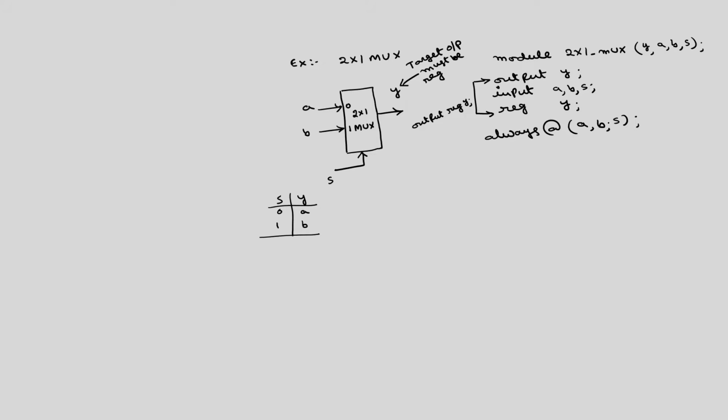Okay, instead of that we can write the bracket also: always at A or B or S. Instead of using this or operator, you can simply use comma. Okay. Here I am using comma. In the latest versions, comma will be used; in the older versions, or is used. Okay. Another important thing is that after always there will be no semicolon.